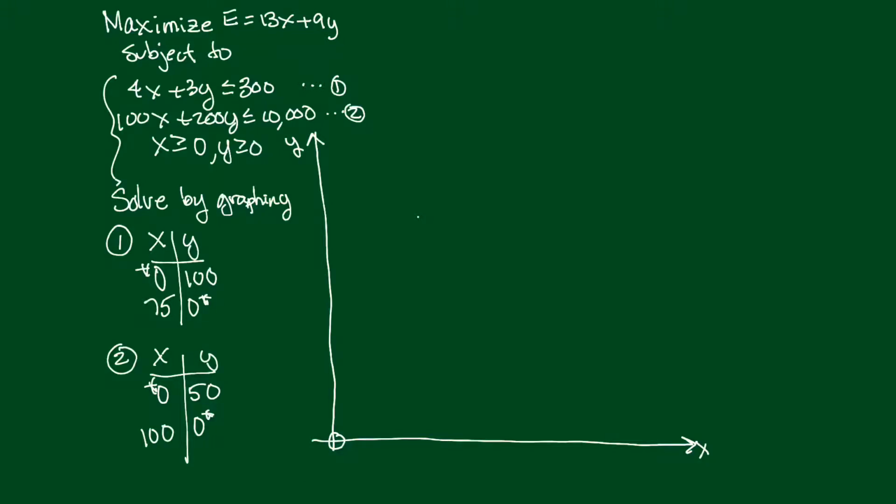So here's how I'm going to graph this. I'm going to look for the biggest y that I've got. So look at the y's. I'm going to go on the vertical axis. The biggest y is 100, and then I've got a 50. If I plot those, I can put the 100 way up here, and the 50 is about half of it, so I'll put that down here. Now do the same thing for the x's. The biggest x that I have is 100.